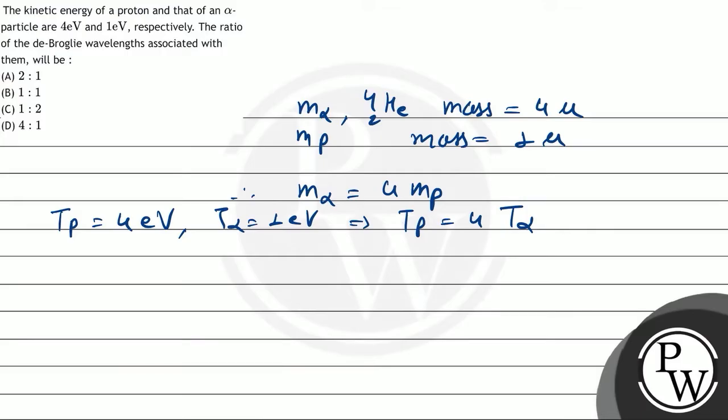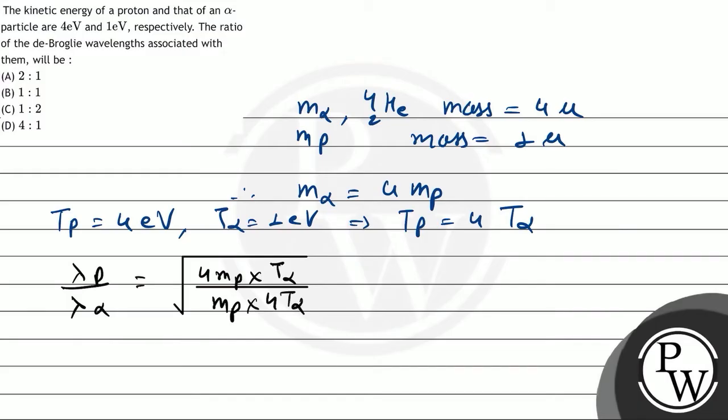So now if we substitute this in the earlier expression, we will get lambda proton divided by lambda alpha particle is equal to root of mass of alpha particle, which is 4 times mass of proton, into kinetic energy of alpha particle, let's call it T alpha, divided by mass of proton times kinetic energy of proton, which is 4 times T alpha.